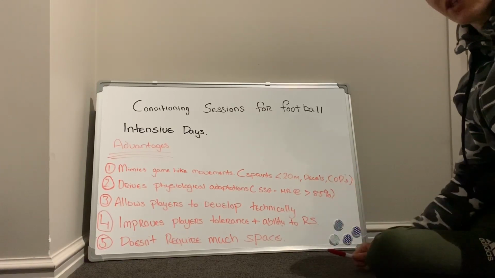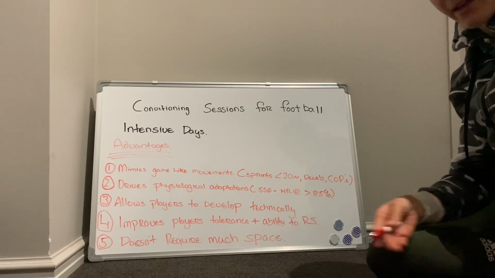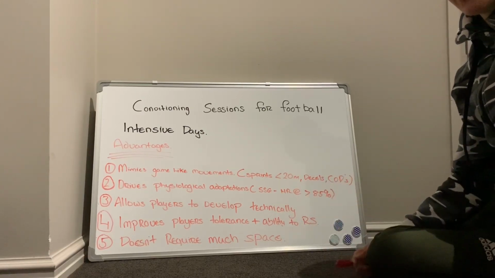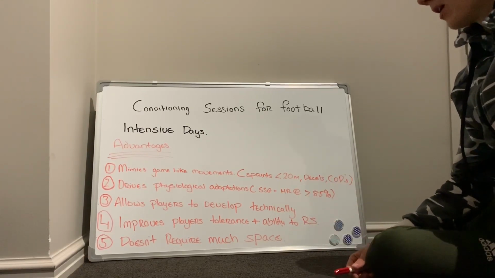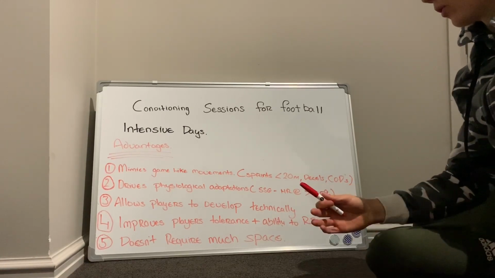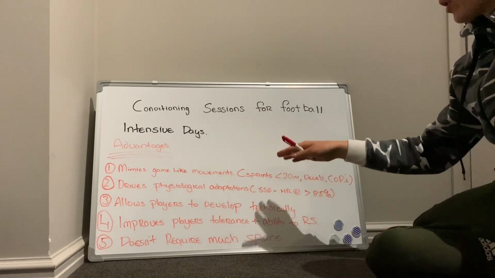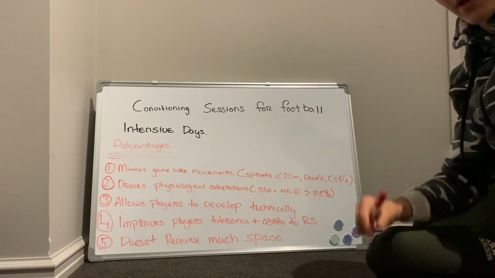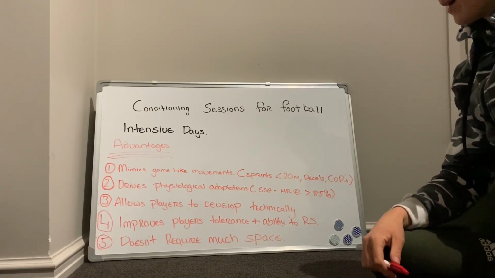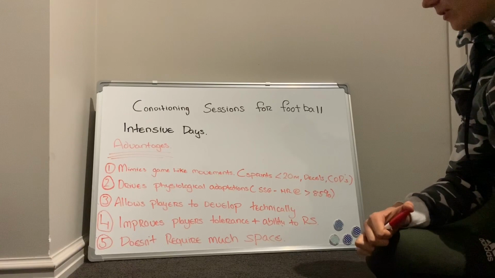And it has plenty of change of direction, which is really important in an actual football game. Small-sided games train all these things if they're managed and coached well. So that's one advantage of an intensive day.